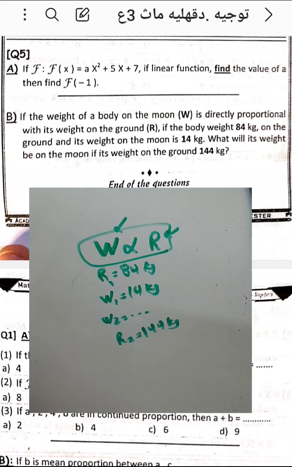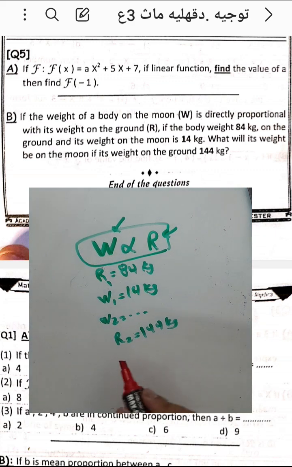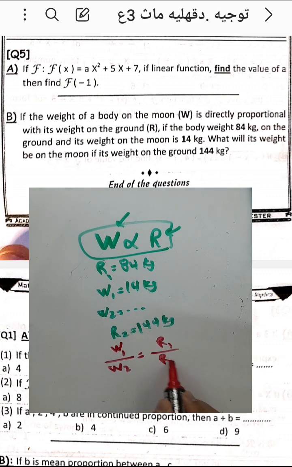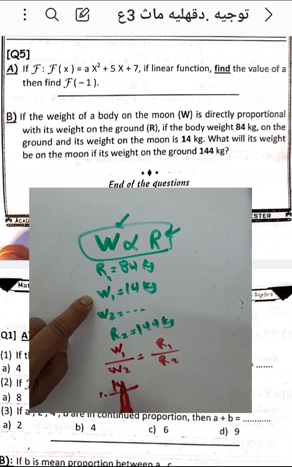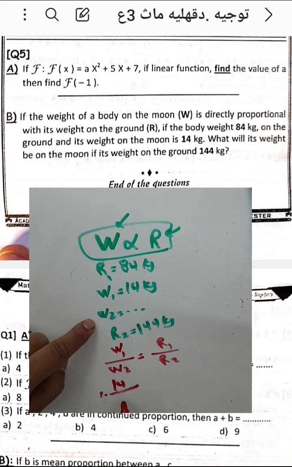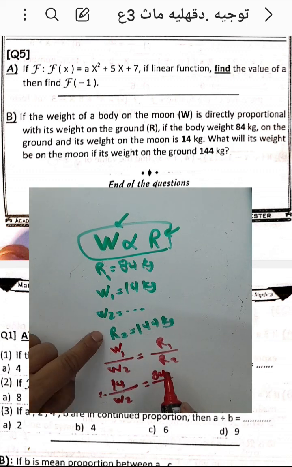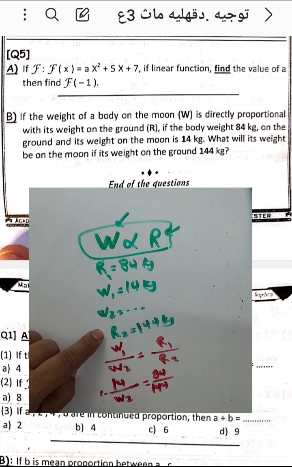We have directly proportional between weight and R, then W1 over W2 equal R1 over R2. Then we can put the value, weight 1 here 14 and weight 2 we don't know here, and R1 equal 84 and R2 equal 144.